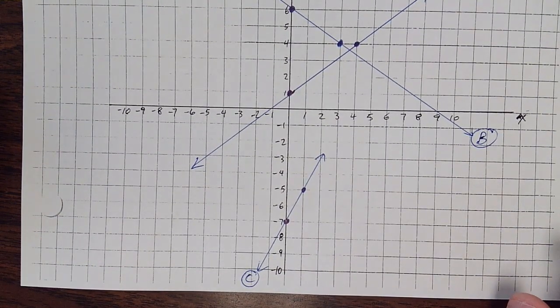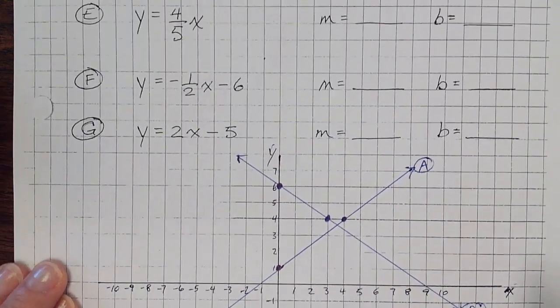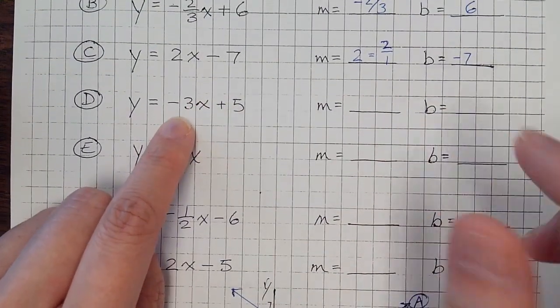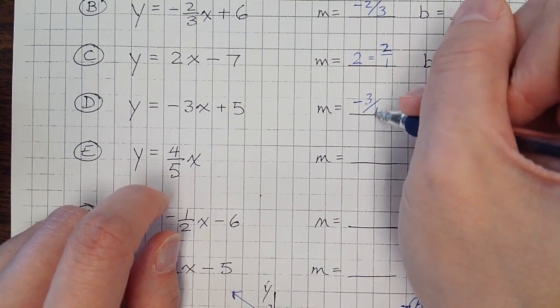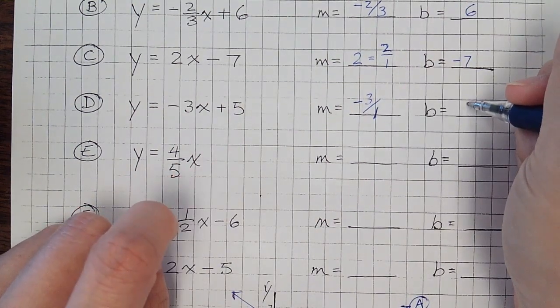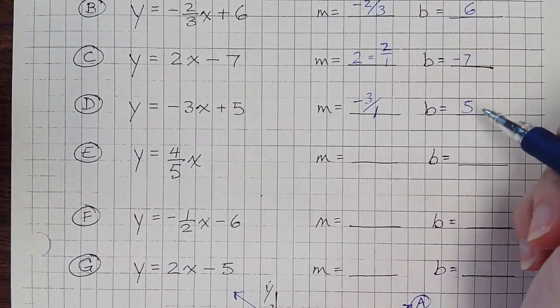D, negative 3x plus 5. Yeah. Maybe you want to try this? Negative 3 over 1. Awesome. And what's my y-intercept? 5. Yeah. Which do I plot first? The 5. Awesome. Good job.